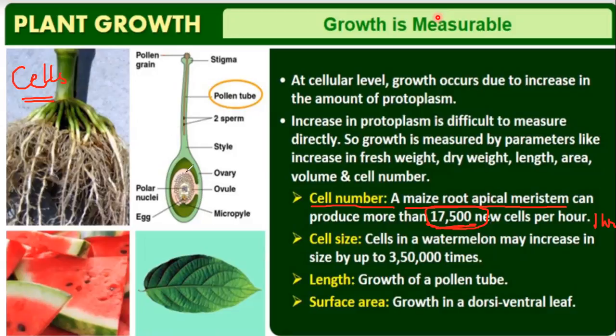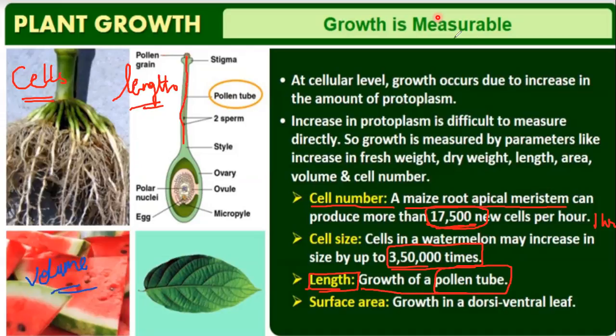If you take into consideration the pollen tube, this is the pollen grain and the lengthening of the pollen tube. So the pollen tube growth is measured in terms of its length. If you take into consideration the case of a watermelon, it is measured with the help of the volume.